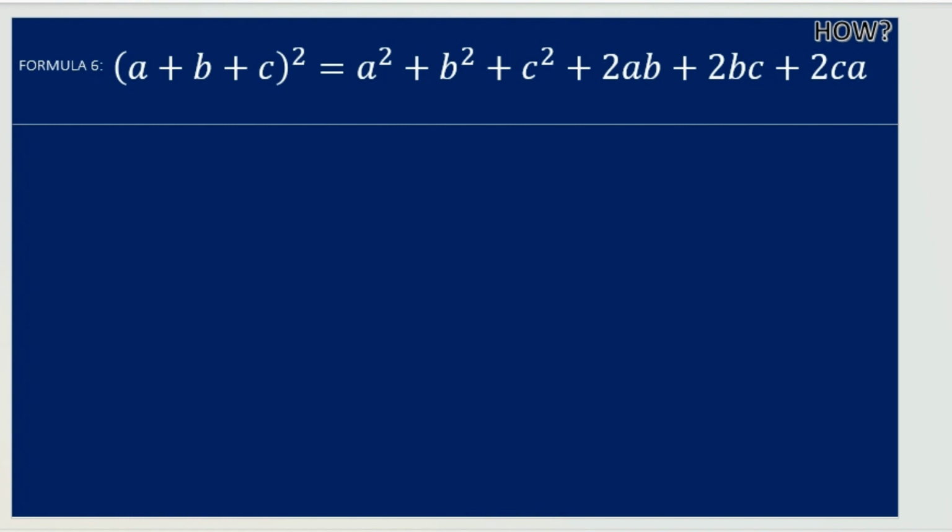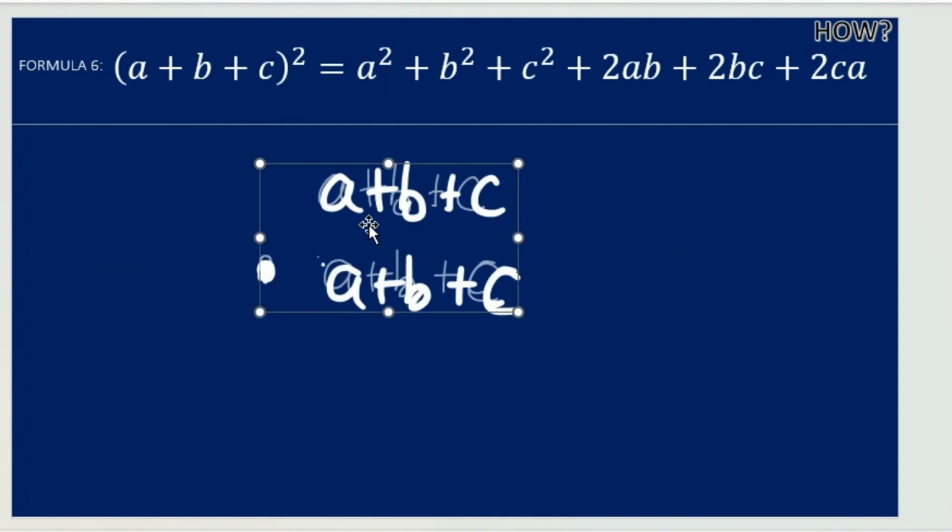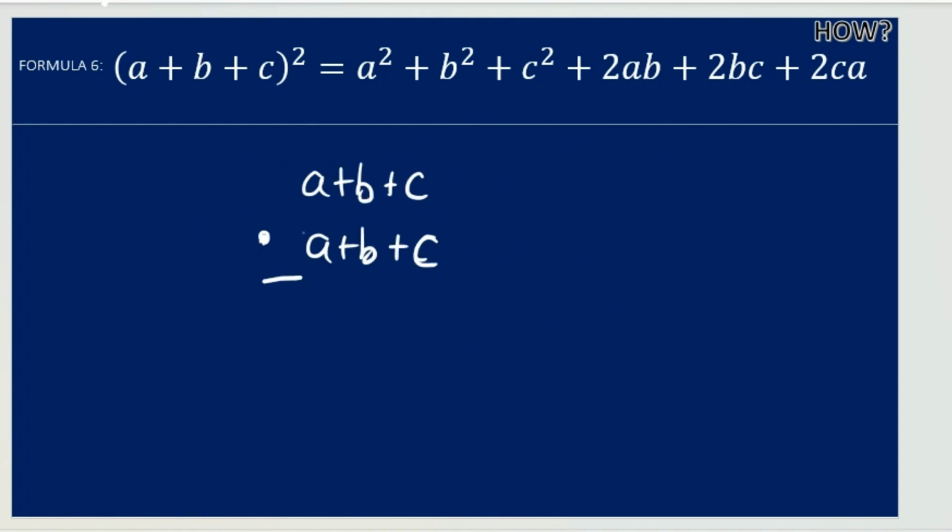Now, all we have to do is multiply. Here it says a plus b plus c whole squared, so that must mean that we can do a plus b plus c times itself, right? It says square, so we can just multiply it by itself. Now we're just going to get the parentheses out of the way. Okay, now let's multiply.